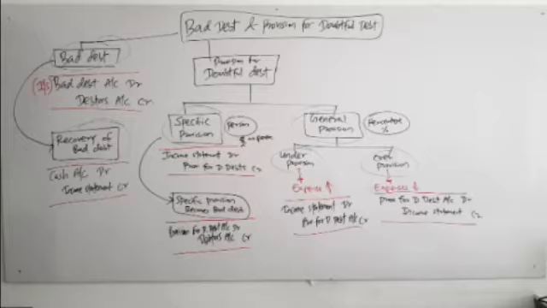Is it an expense account or an asset account? It is an expense account. Under the income statement, we record selling and distribution expense. Bad debt is a selling and distribution expense. So bad debt is not an asset account, it is an expense account.